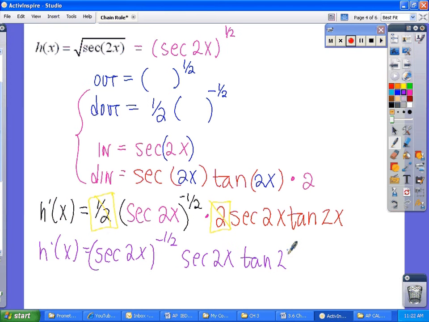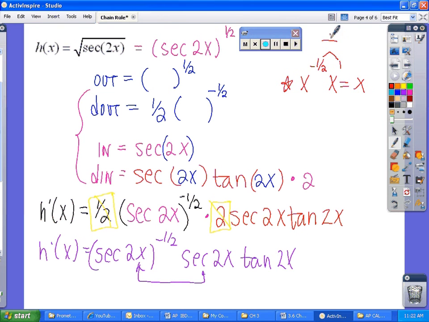The reason why, I'll do up here. If I had x to the negative 1/2 times x to the first power, if they have a common base, what would you do to the powers? You would add them. So negative 1/2 plus 1 gives you positive 1/2. Secant of 2x is considered the base, and the powers are exactly as I put up there.